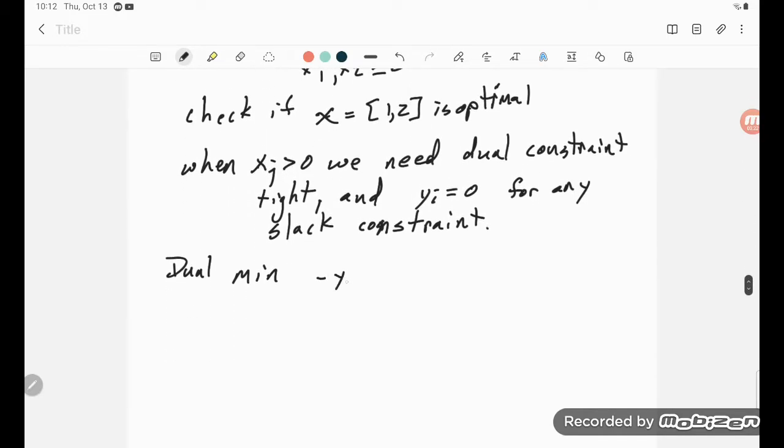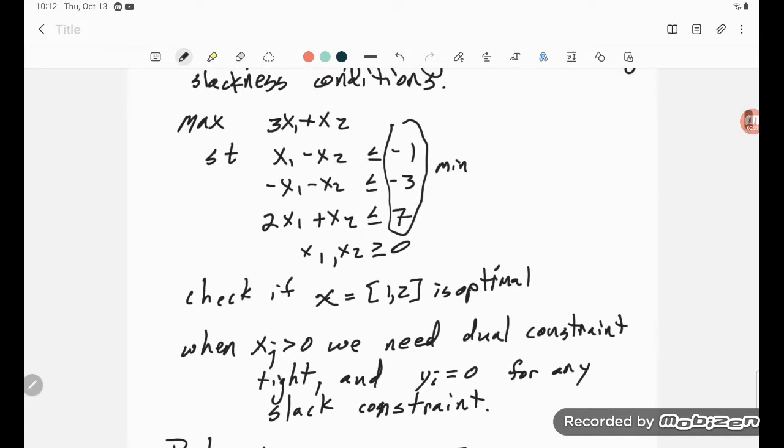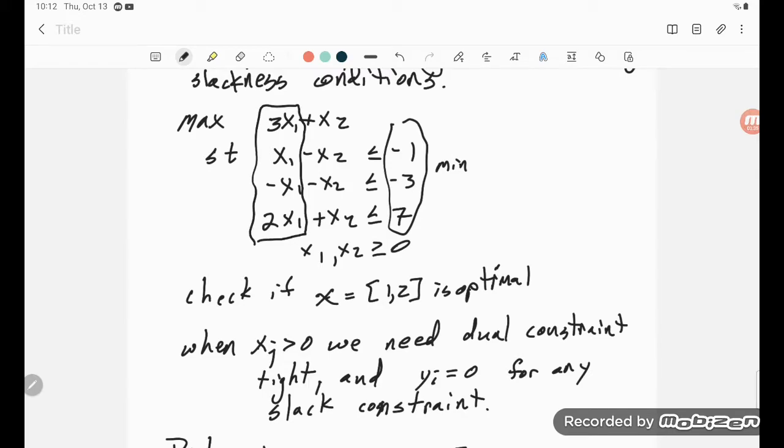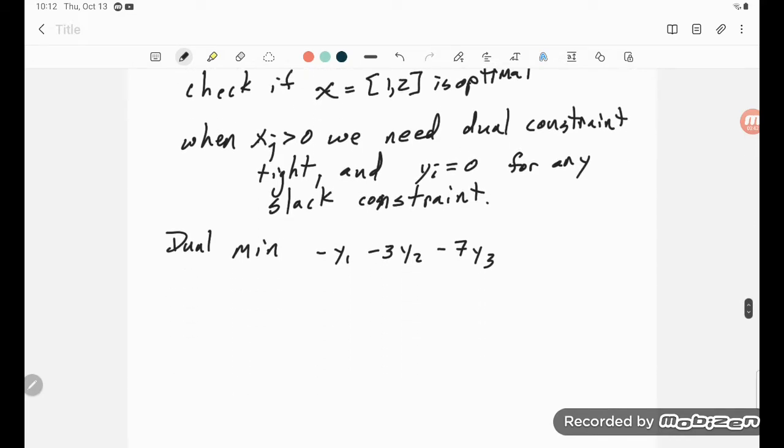So negative y1 minus 3y2 minus 7y3. Then our first constraint, we have 1, -1, 2 on our y's and greater than or equal to 3.